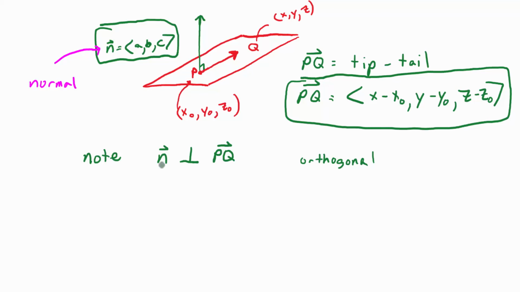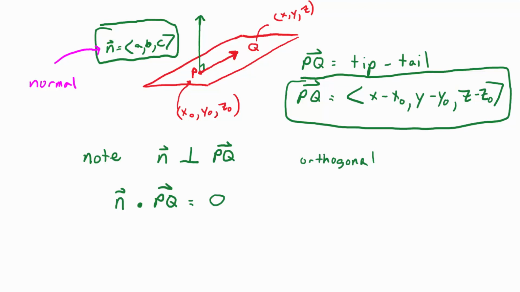So because N and PQ are orthogonal, what do we know about their dot product? It's 0. N dotted with PQ is 0. Remember, the dot product is an orthogonal vector detector. And it's the number 0, right? Because the dot product is a scalar. Can you actually take this dot product for me?